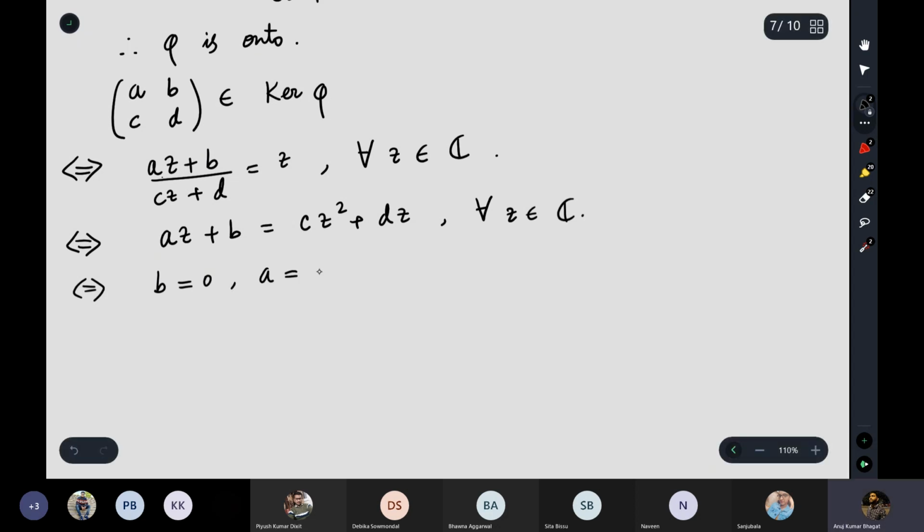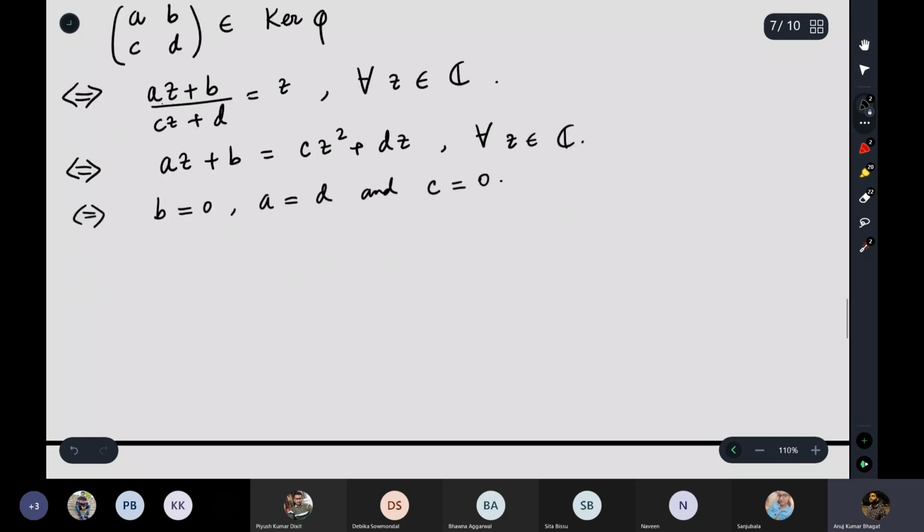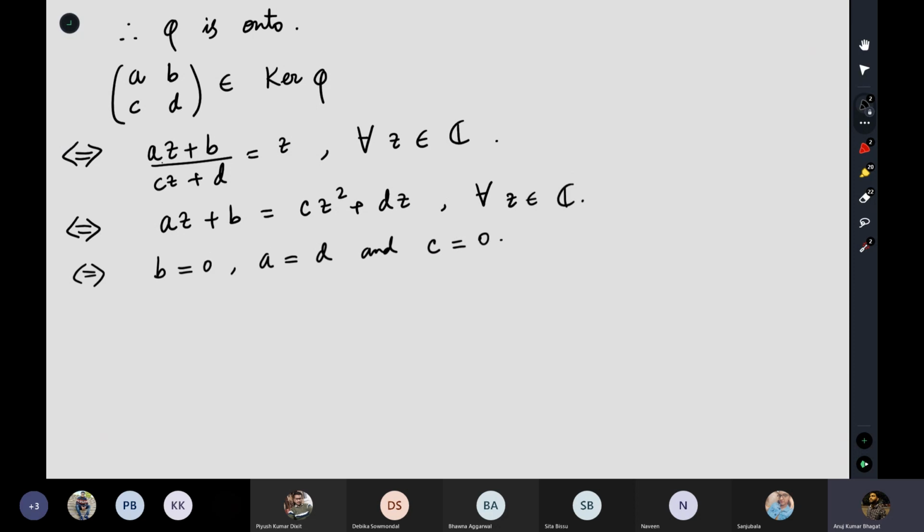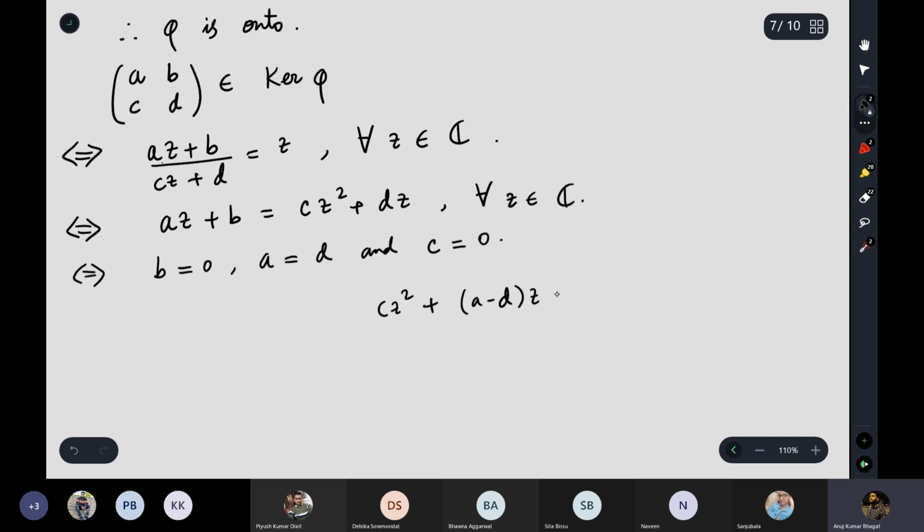This is an identity: cz square plus a minus d z plus b is 0 for all z in C. So this will be 0 when c is 0, a minus d is 0, and b is 0. That will imply c is 0, b is 0, and a equals d.